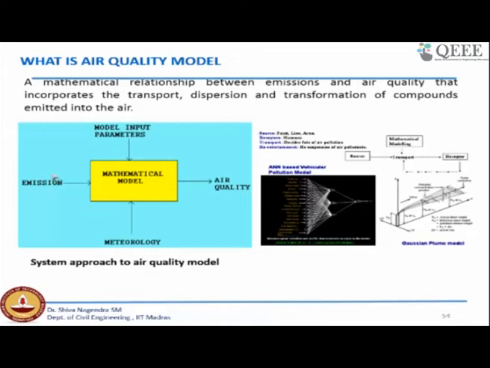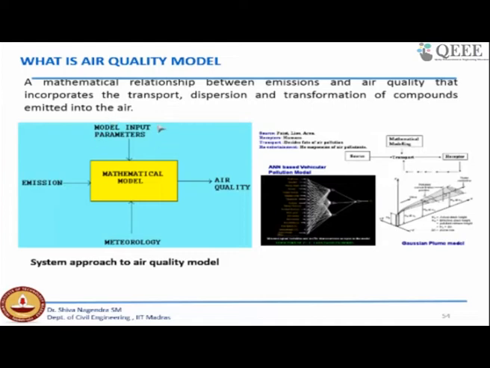Now, quickly recollect. We know that there are different sources that contribute to emissions. Then it will be captured how these emissions spread or move in the given environment through model input parameters and meteorological parameters.